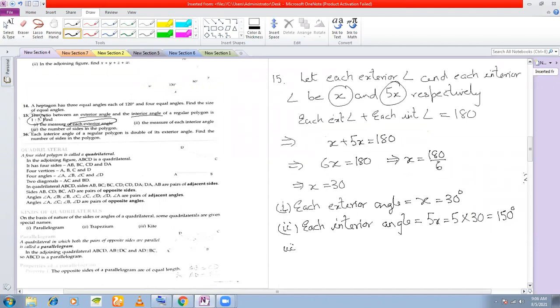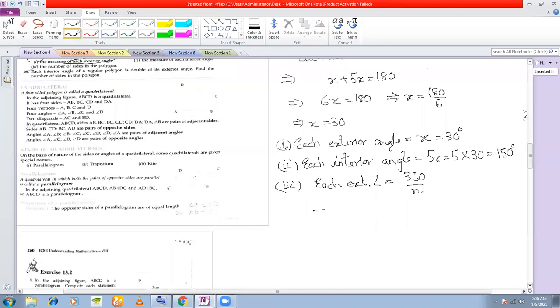And finally, you have the question to find the number of sides of the polygon. What is the relation between exterior angle and number of sides? From formula number 4, each exterior angle must be equal to 360 divided by the number of sides. Right? So now you put the value, each exterior angle we have found is 30 degrees. 30 is equal to 360 divided by n.